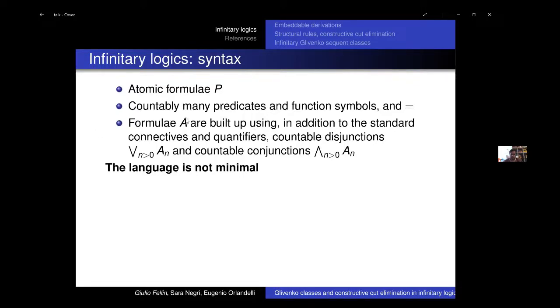Formulae are built up using, in addition to the standard connectives and quantifiers, also countable disjunctions and countable conjunctions. Of course, the language is not minimal, since we can define finite conjunction and disjunction as special cases of the infinite ones, but we prefer to have all of them as primitive.